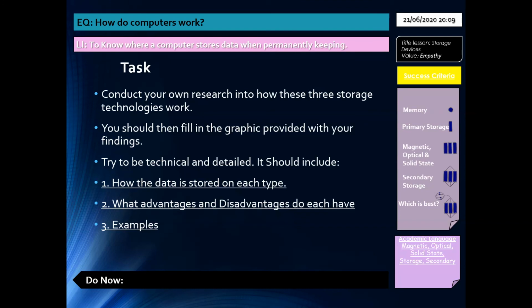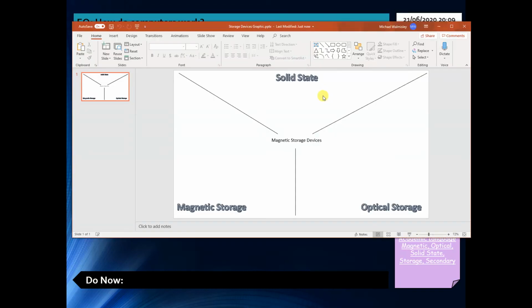So we've looked over how data is stored on each type, a few advantages, and some examples in this lesson, but you will have to find further advantages and disadvantages that each have. Here is the graphic, which is included on Firefly. It's just a separation between the three different storage devices.